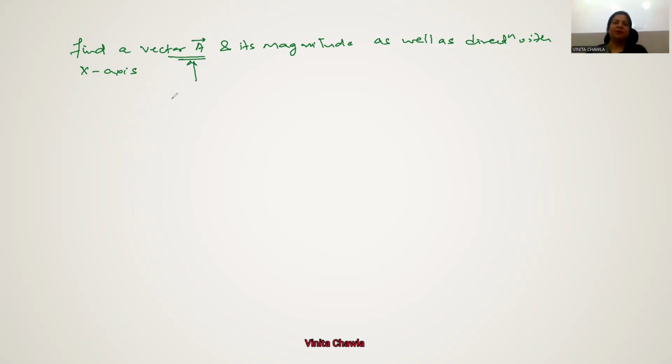Initial point is P and its coordinates are 1, 2, minus 1. And the terminal point is also given. We can write the terminal point as Q, and the coordinates of this terminal point are 3, 2, 2. So find the vector A and its magnitude as well as direction with x-axis.